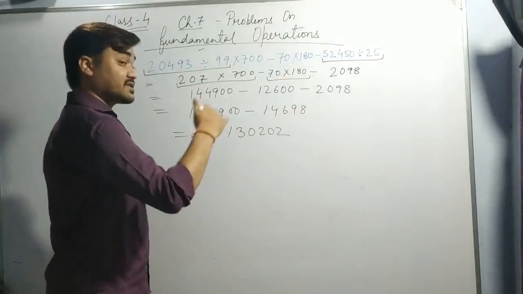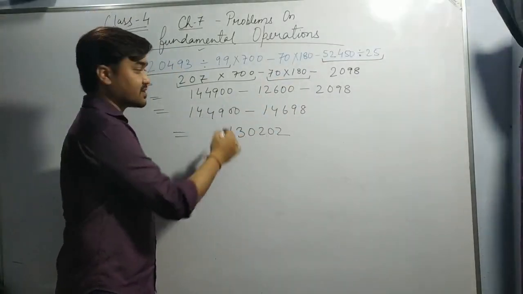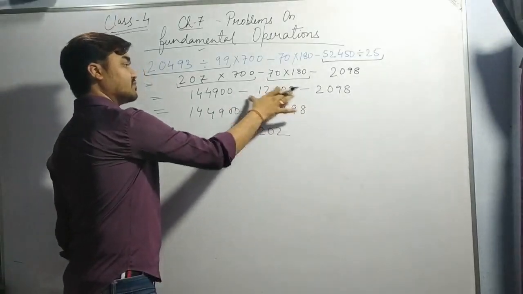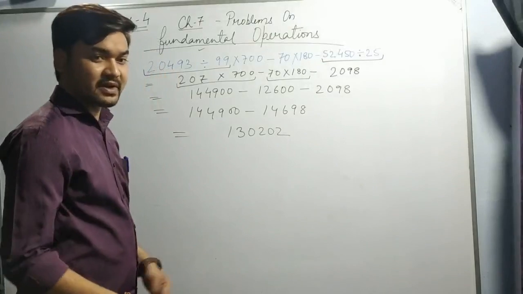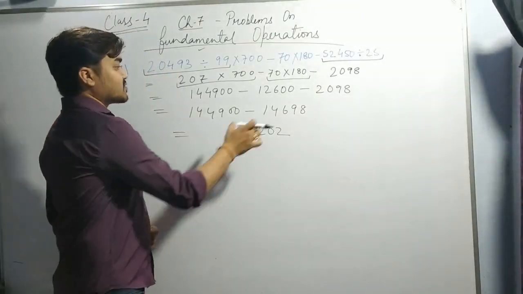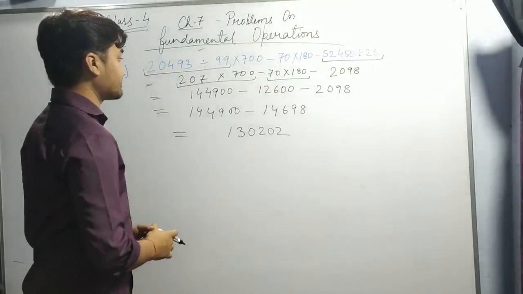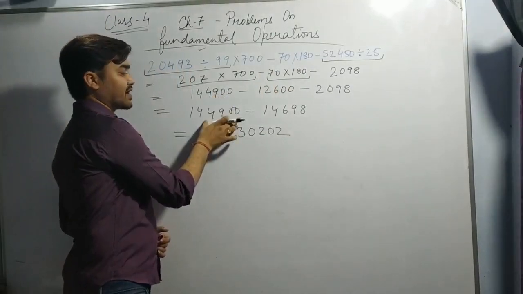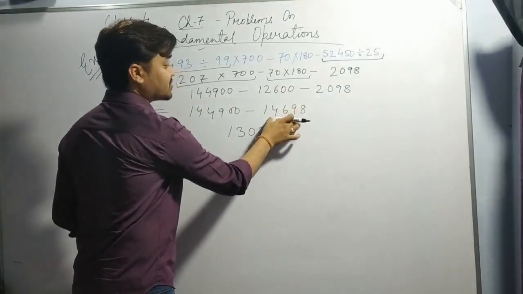Now again type 1 we will follow. See, more than 3 numbers are there with one plus sign and two minus signs. So we have to add these two numbers as two minus signs are there. This number we will write as it is. We will add these two numbers.